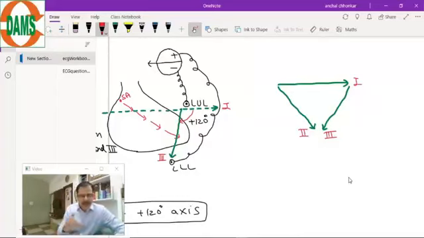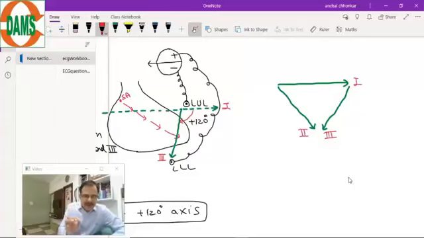Now again repeating for you, those who have joined late, what is the meaning of a vector line of any galvanometer or any lead? Vector line means if the current is traveling along that vector line, it will show maximum deflection.